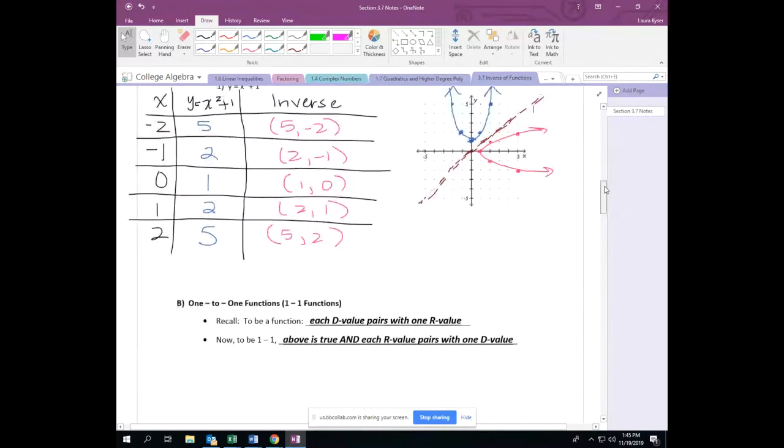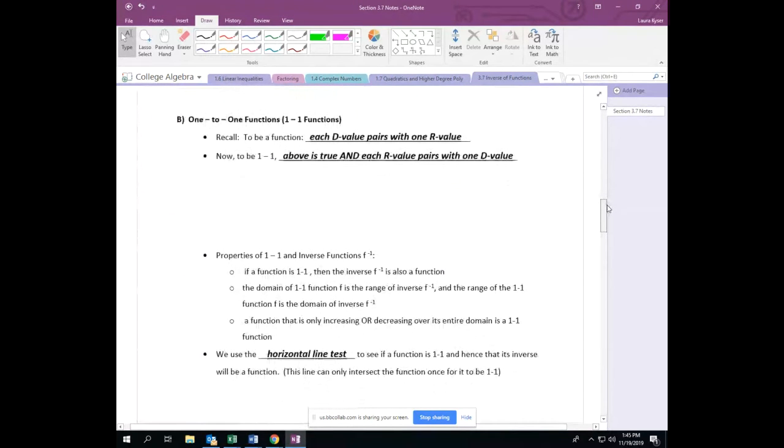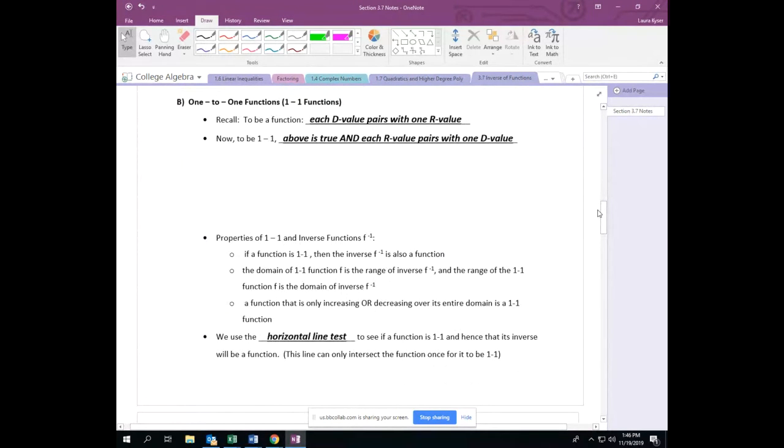Let's talk about one-to-one functions. Now, when we talked about functions to begin with, in order for something to be a function, each value in the domain could only pair up with one value in the range.